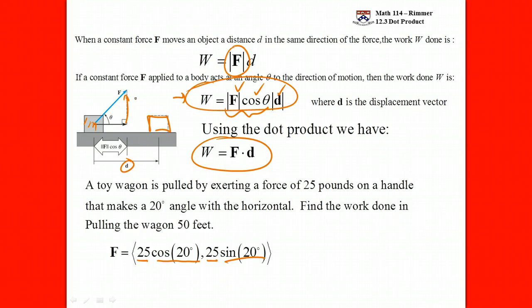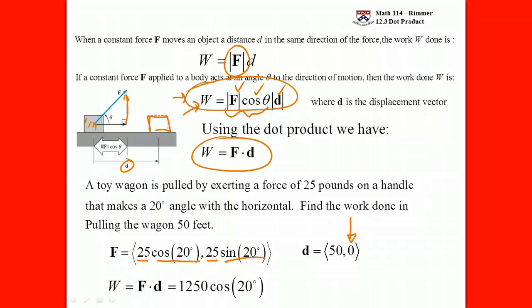Because our displacement isn't at any angle with the horizontal, when it comes time to set up the d vector, its j component is just 0. If we're going to set it up as vectors, you don't have to though, here are the two vectors, and we do a dot product, and we get exactly what we would have gotten from that formula with them not written as vectors.